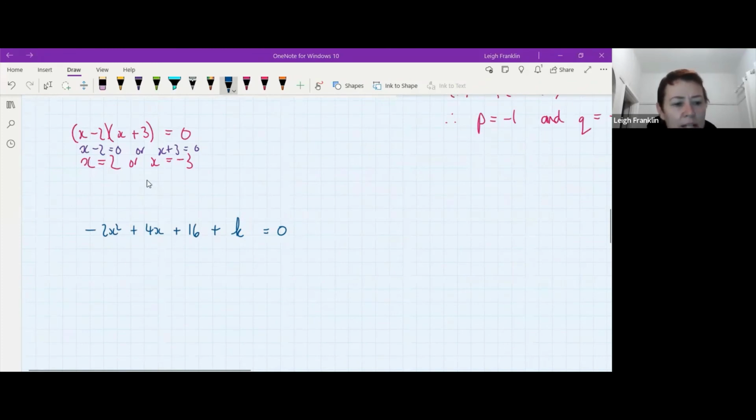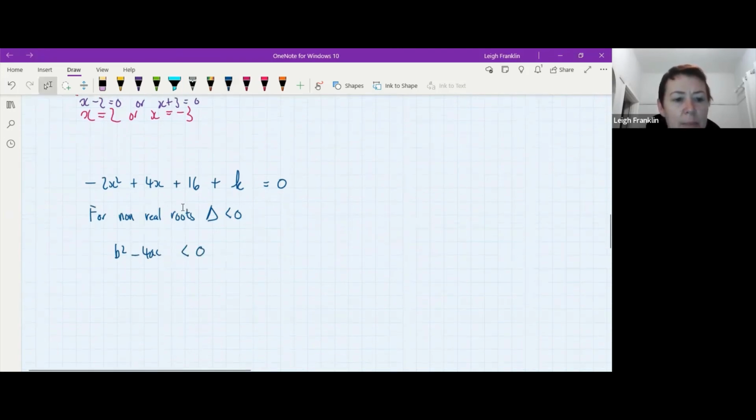Now, because it's in standard form, we need to solve for non-real roots, where delta is smaller than 0. So we need to solve b squared minus 4ac smaller than 0.